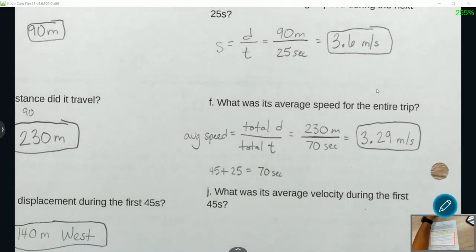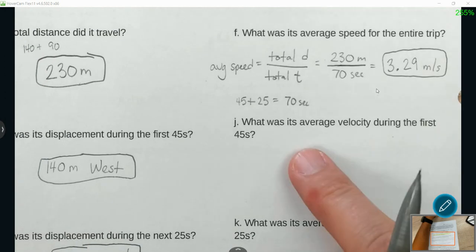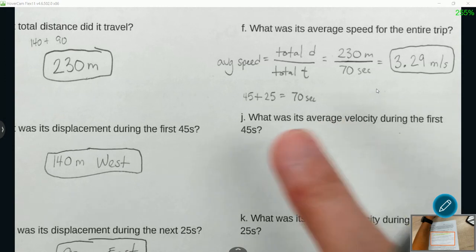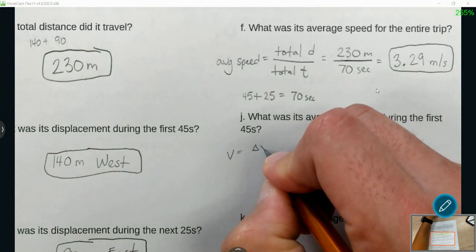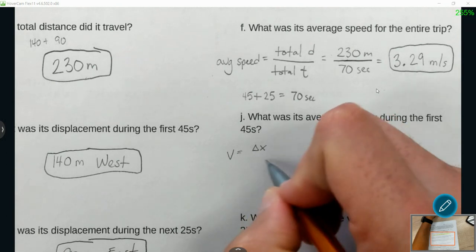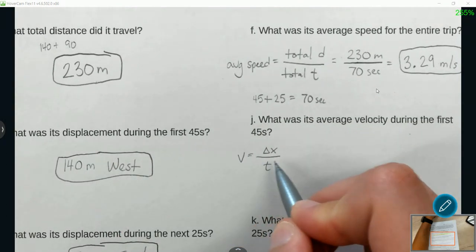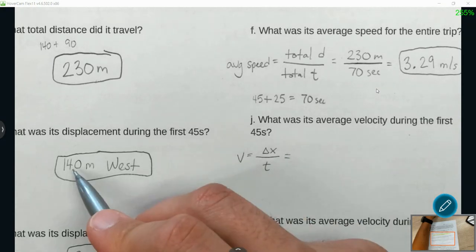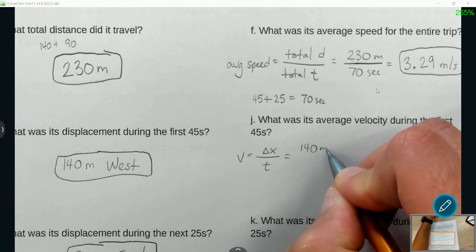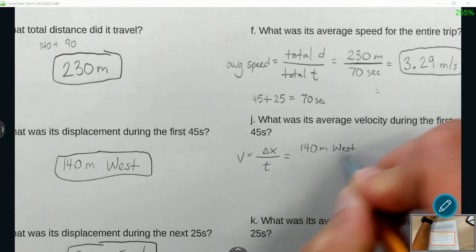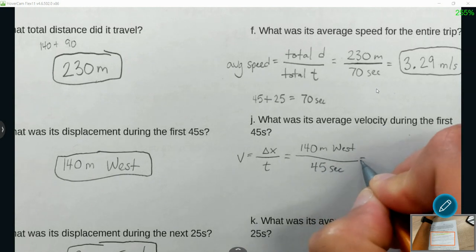All right, we're almost done. We got 3 more. They want the average velocity during the first 45 seconds. So velocity is equal to delta x, which is our way how we write displacement, divided by that specific time. So our displacement for the first 45 seconds was 140 meters west divided by 45 seconds.